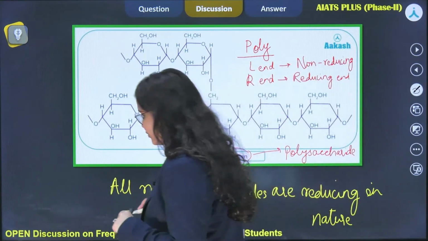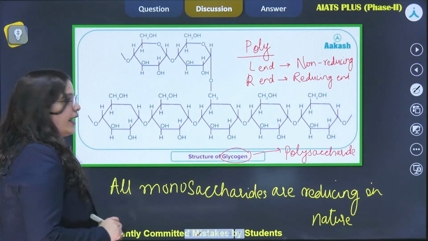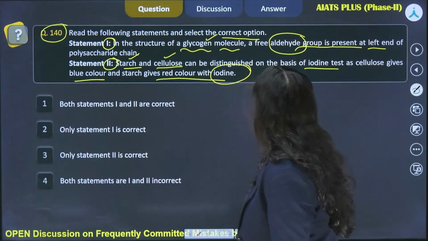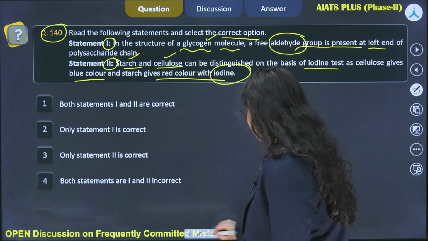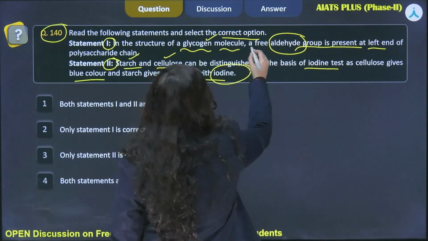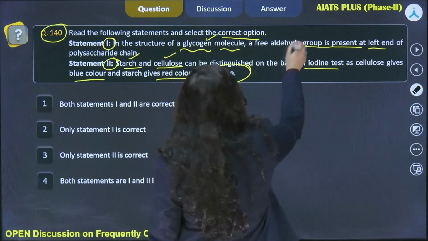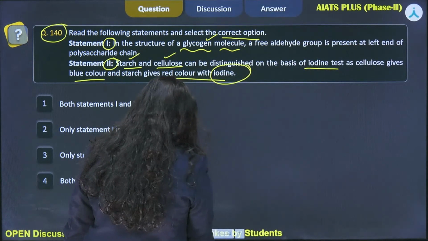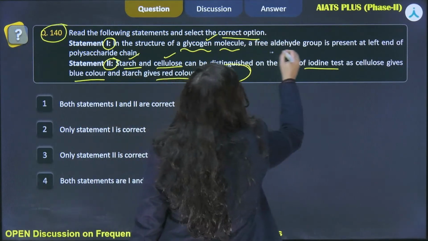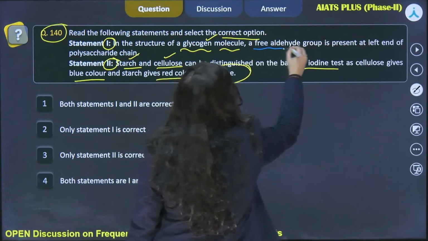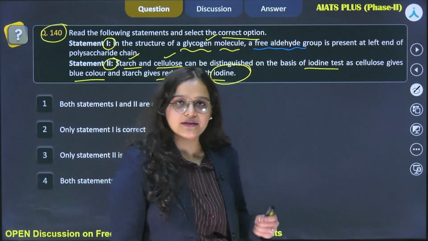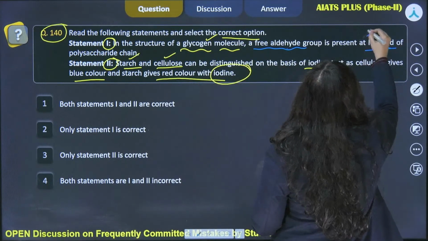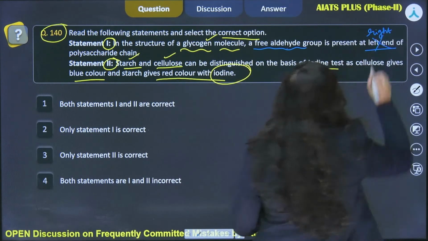So we can see the structure of glycogen, and if we go back to our statement, it states that a free aldehyde group is present at the left end, which will be incorrect because the free aldehyde group will be present at the right end, which represents the reducing end. So here it should be the right end and not the left end.